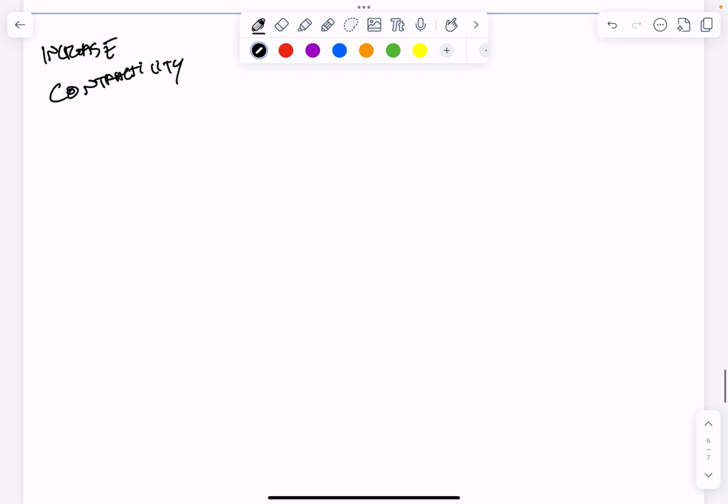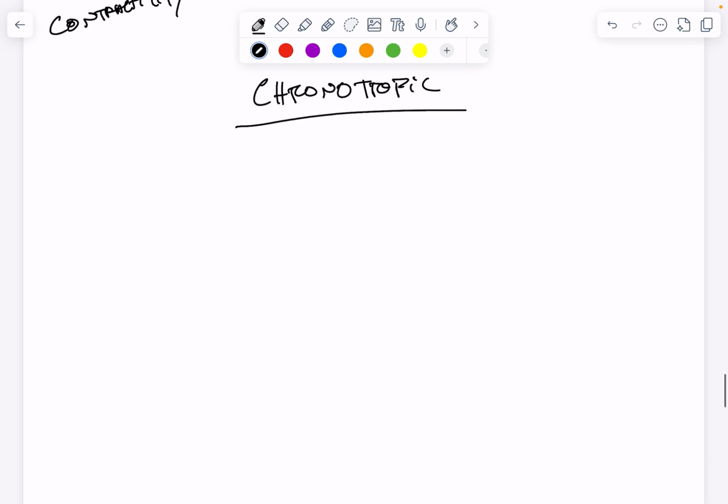Next, we have the chronotropic, which is the opposite of inotropic.